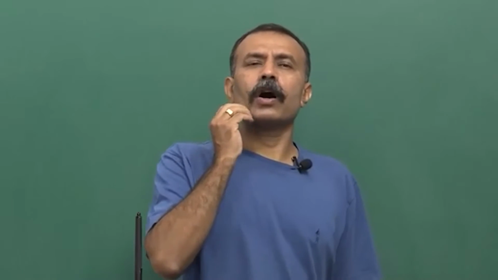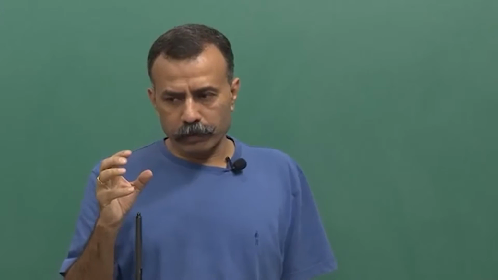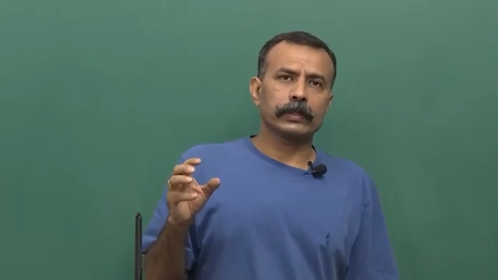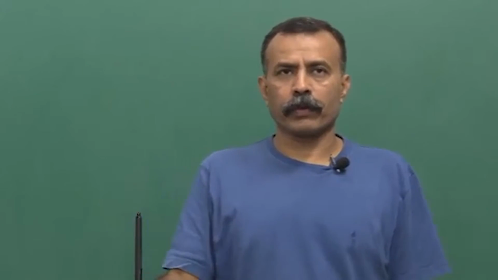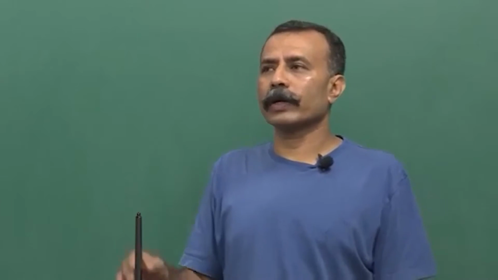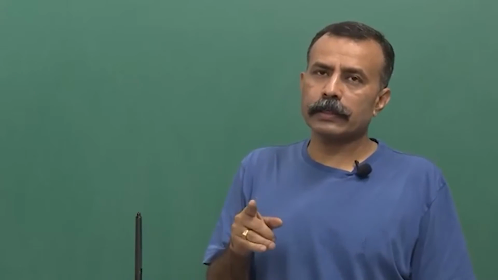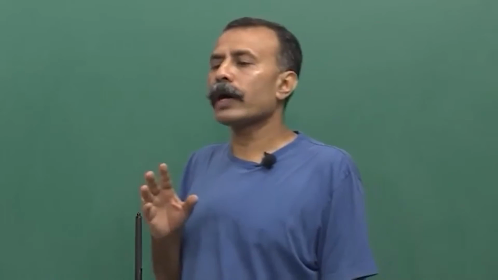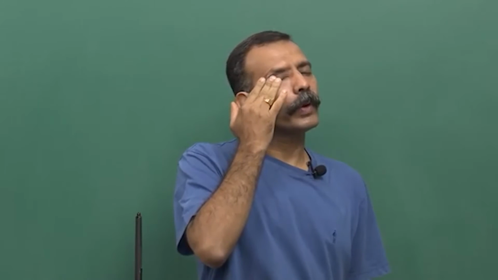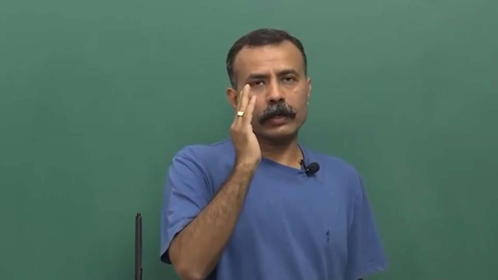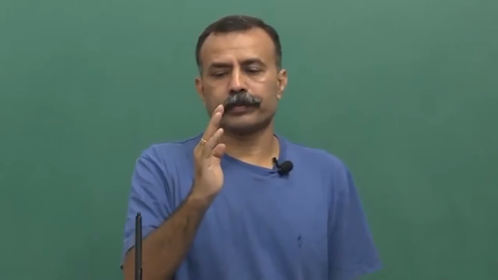Parkinson's disease is a disorder where a certain population of neurons, in a certain part of the brain which controls your movement, starts to die off. We do not know why exactly. That's where the similarity between this disease and Alzheimer's lies. Why all of a sudden at a particular part or locus of the brain certain neurons started to die off, we do not know, but it does happen.